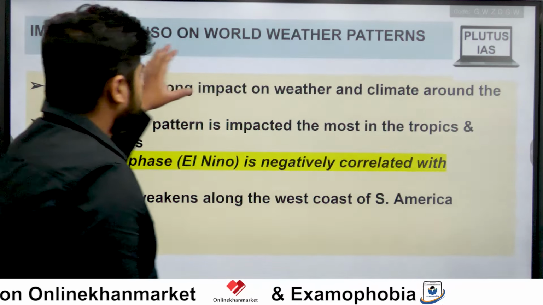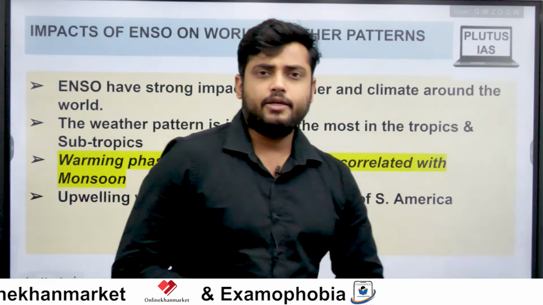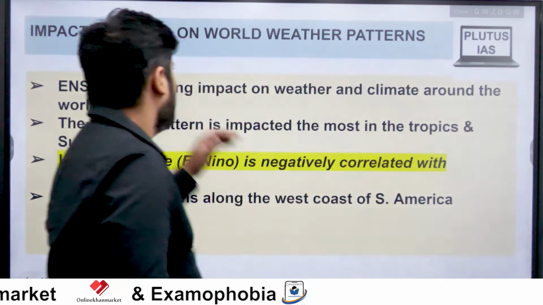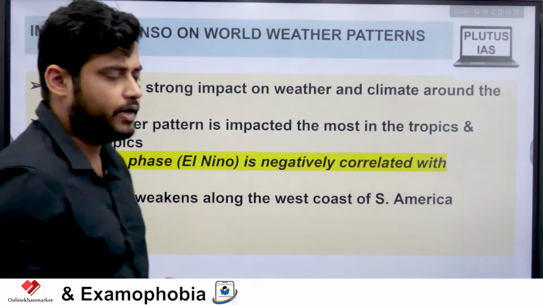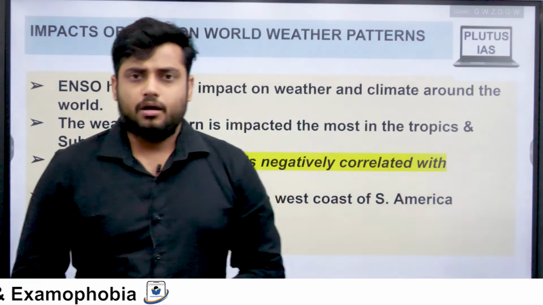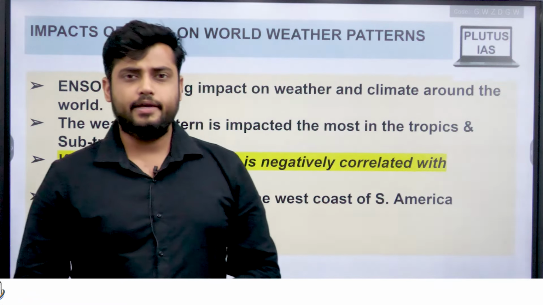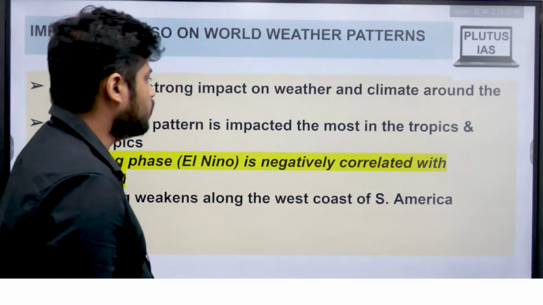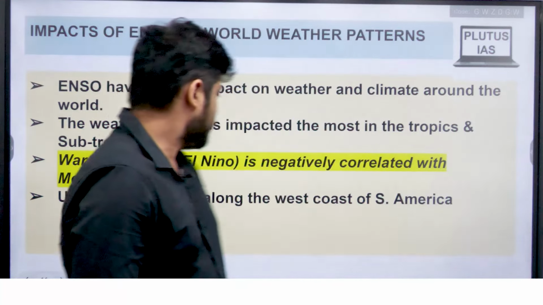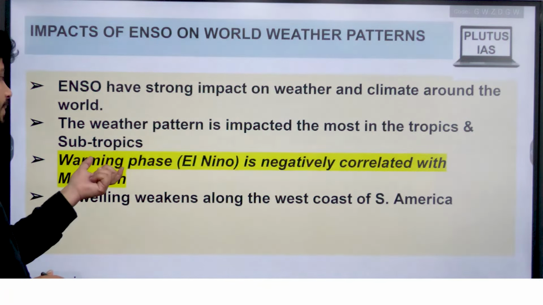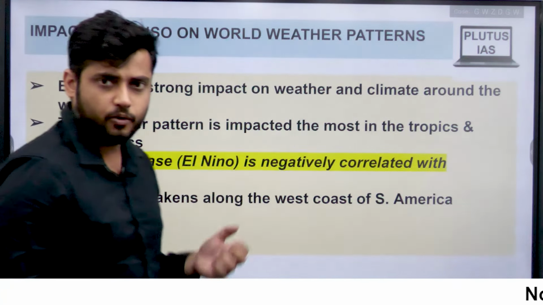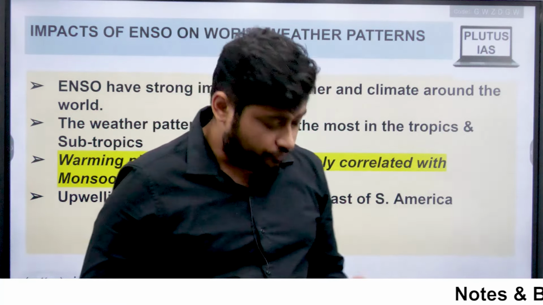Now, so what are the impacts of the ENSO, El Nino-Southern Oscillation, over the weather patterns worldwide? All of you know that we are Indians, and we know that in the case of El Nino year, the monsoon is generally deficient. So we say that the warming phase, that is the El Nino, the warming phase of ENSO.